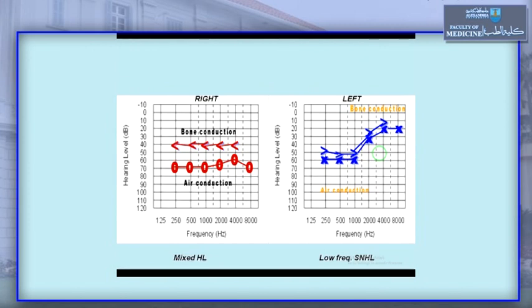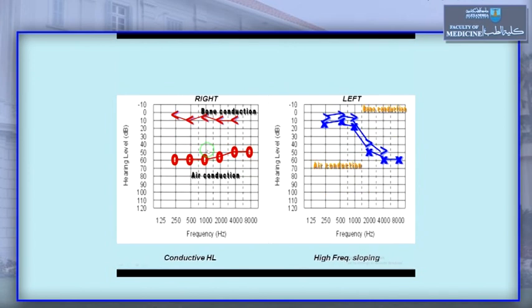Sound going through air conduction will have to struggle with two pathologies. But sound going through bone conduction will be faced by only one pathology, which is the pathology in the inner ear. It has escaped the pathology in the middle ear. And that's why the patient has better bone conduction thresholds than air conduction thresholds, although both of them are abnormal.